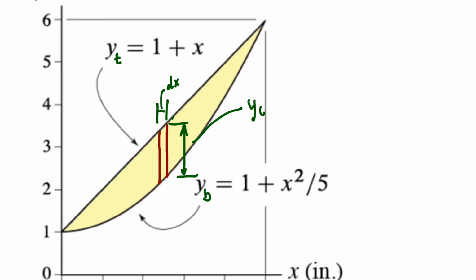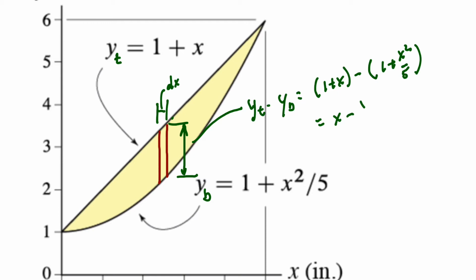So I will have y top, which is 1 plus x, minus 1 plus x squared over 5. I can combine this to be x minus x squared over 5. That is this height here.